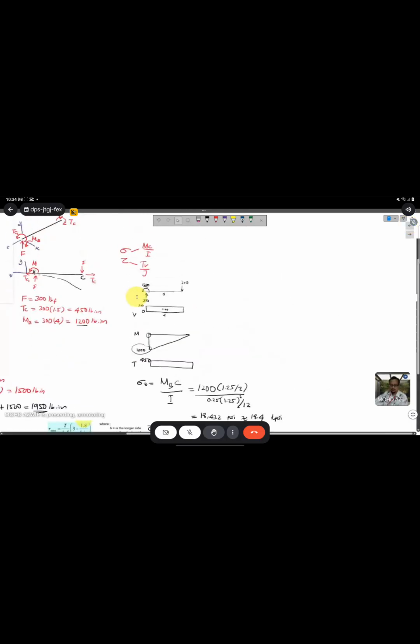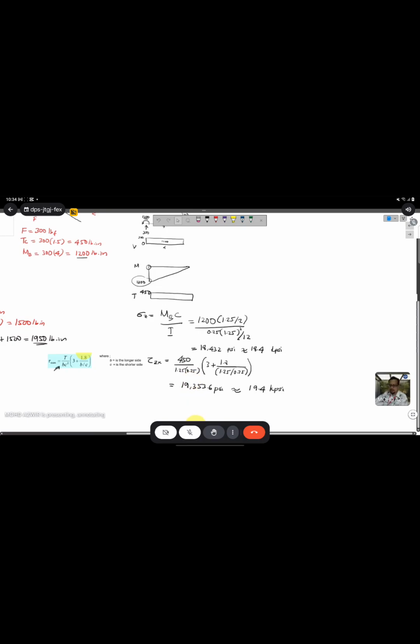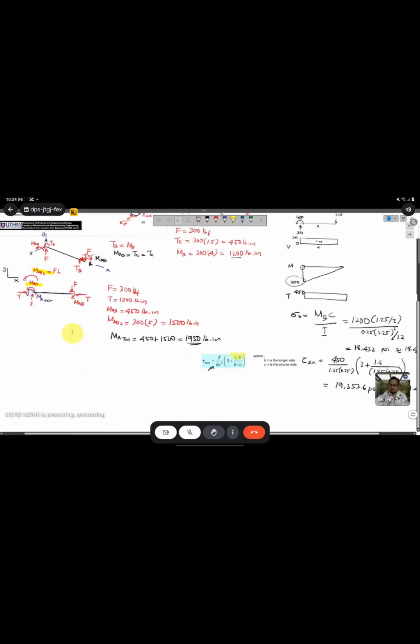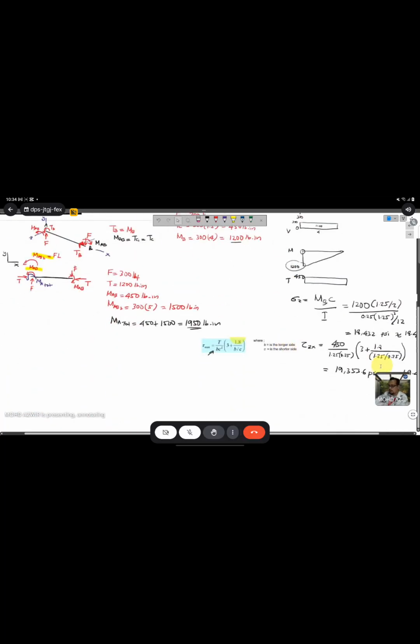Okay, next. Because they don't ask you to calculate the maximum shear stress, they just ask for the maximum torsional stress and bending stress in arm BC. They don't ask you to calculate the principal stress.